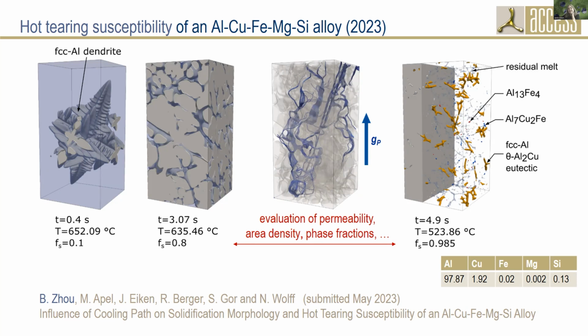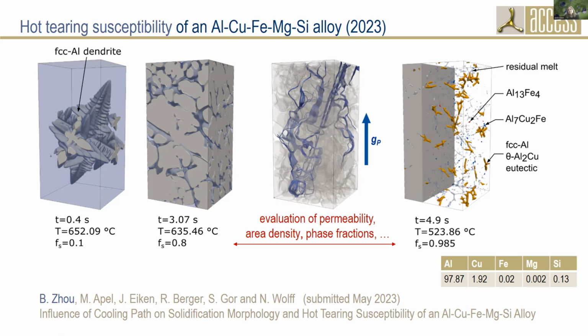I would still like to mention that at the end of the simulation we also have the eutectic phase. We have the theta phase growing coupled with the FCC aluminium. However, these are very small fractions, and these phases were simulated with a special model, which we call the unresolved model, which models the eutectic, a two-phase region, like a mixture phase.